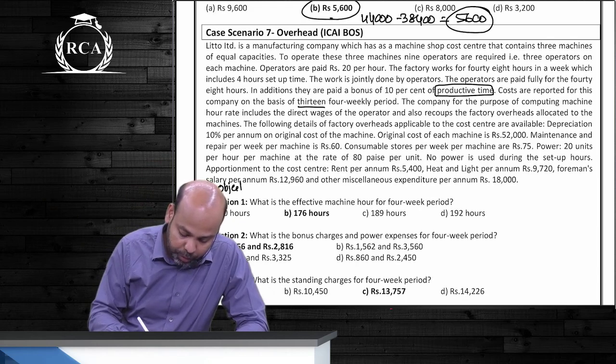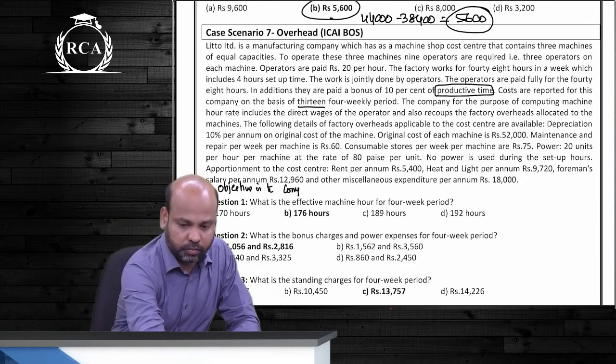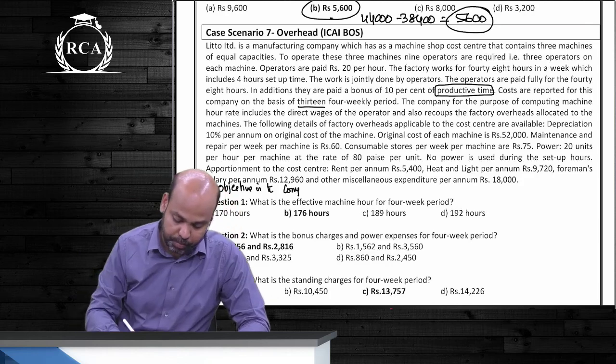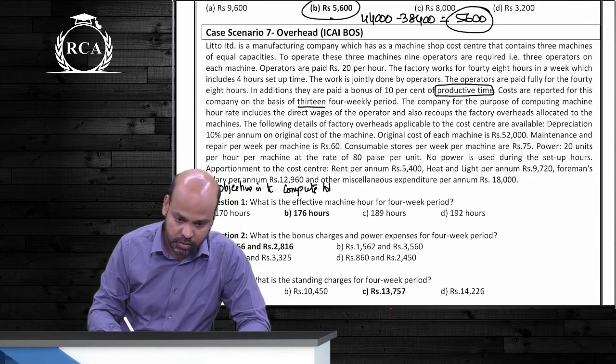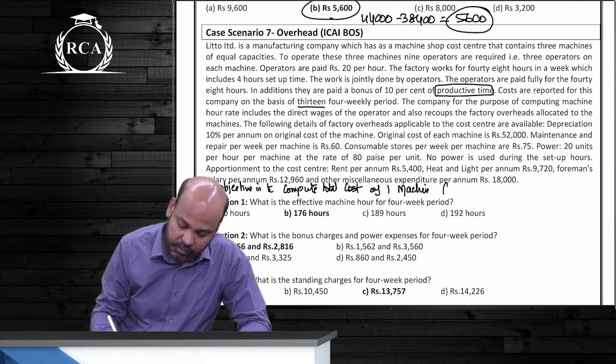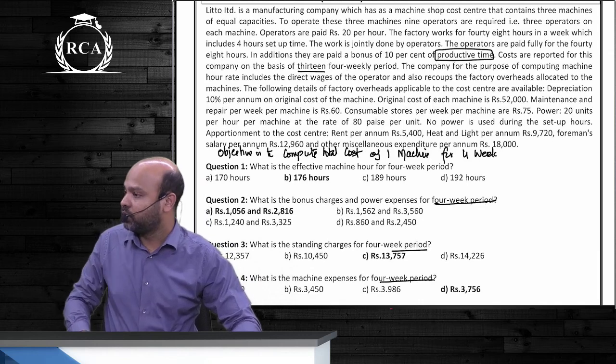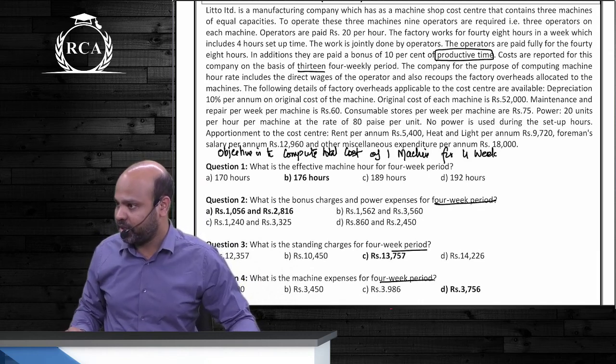Objective is to compute total cost of one machine for how many weeks? So for only 1 4-week period. In the requirement below, it is for 4 weeks, for 4 weeks, for 4 weeks. Everywhere it is a 4-week period.